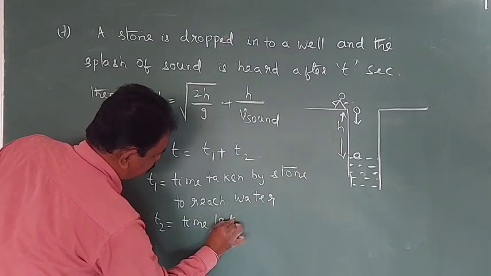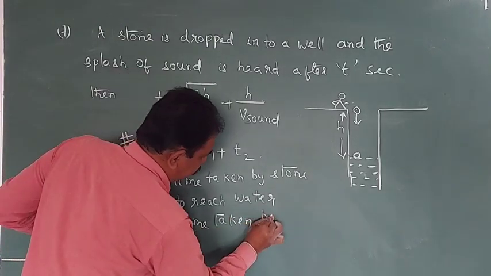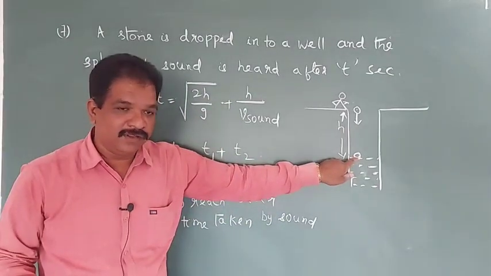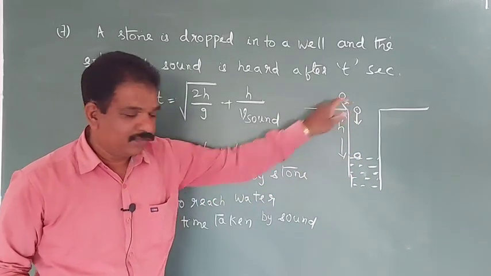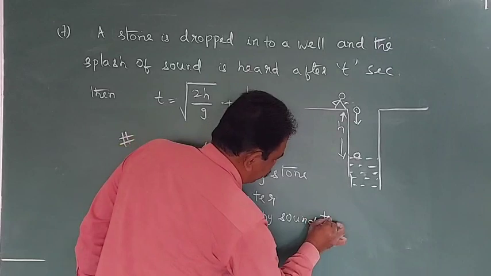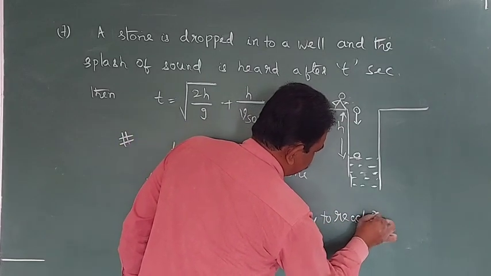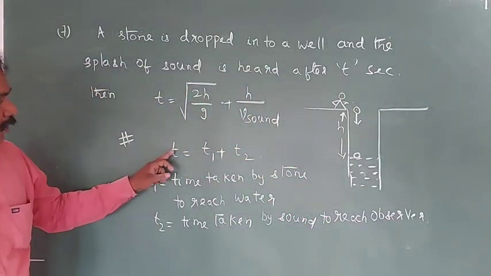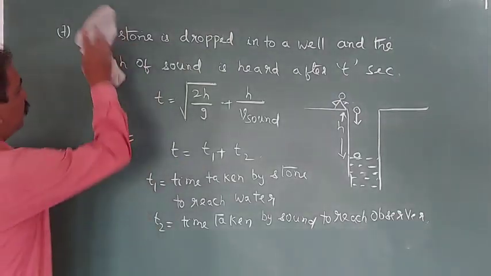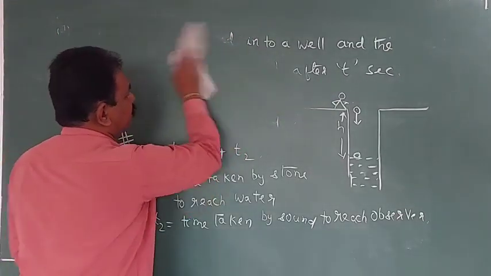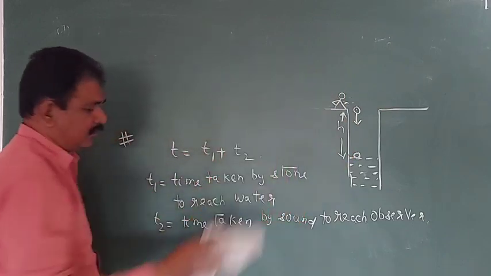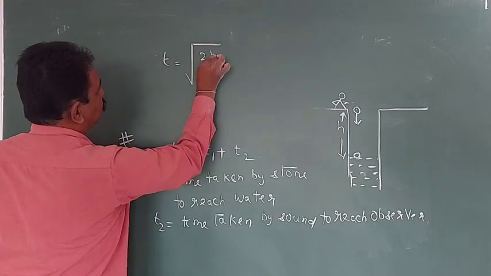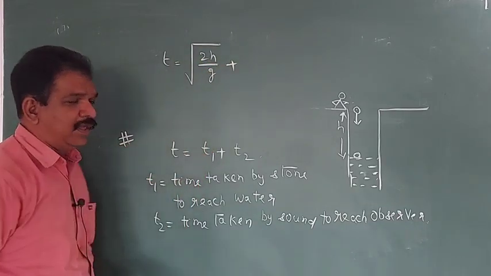What is t2 here? Time taken by sound. This sound is produced here only. It should reach him. Time taken by sound to reach the observer. So this time will be, for a freely falling body, T1 is equal to root 2h by g.